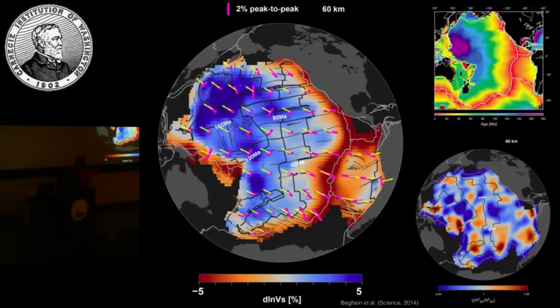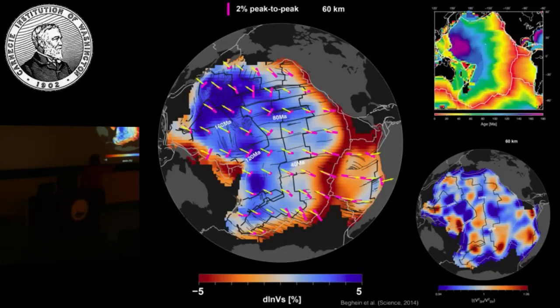And these thin black lines that are probably not very visible from the end of the room are fracture zones in the ocean floor. They can be used as a proxy for the paleo spreading direction of the ridge. So if you go back in time, this would be the direction the ridge was spreading when it was formed.